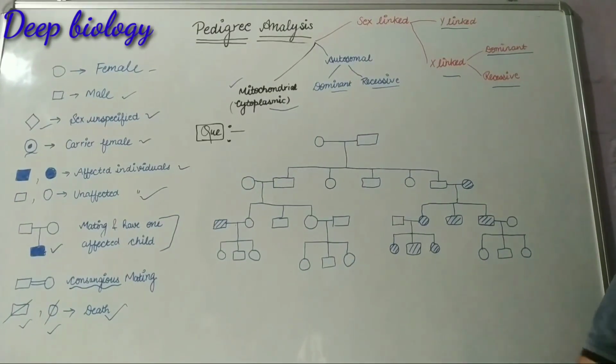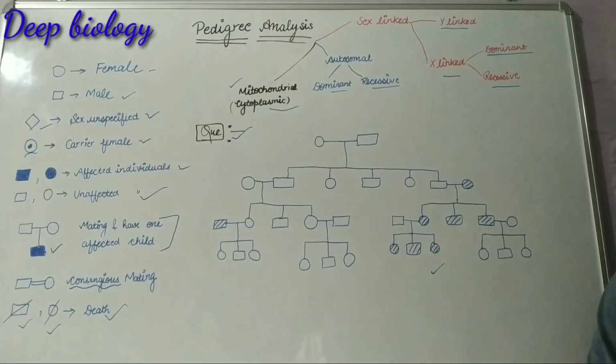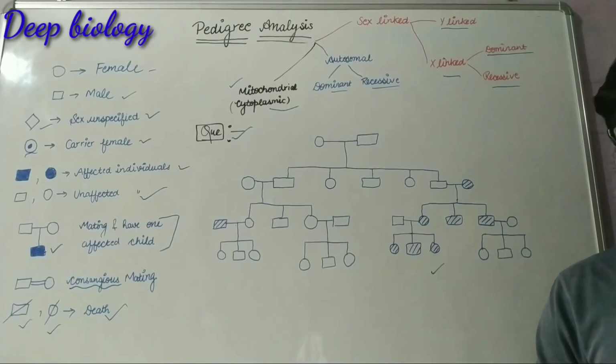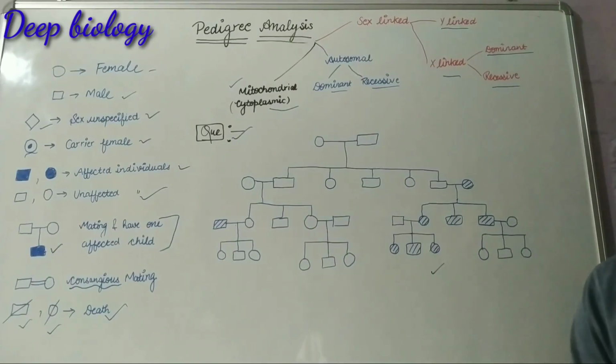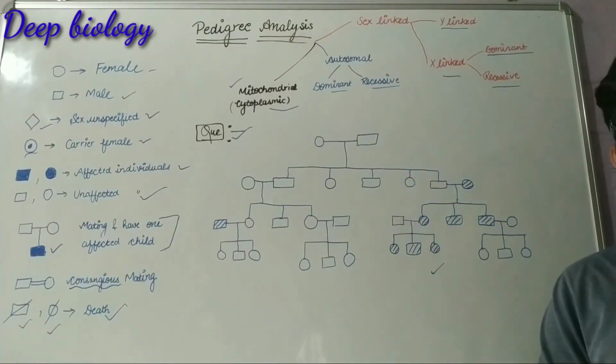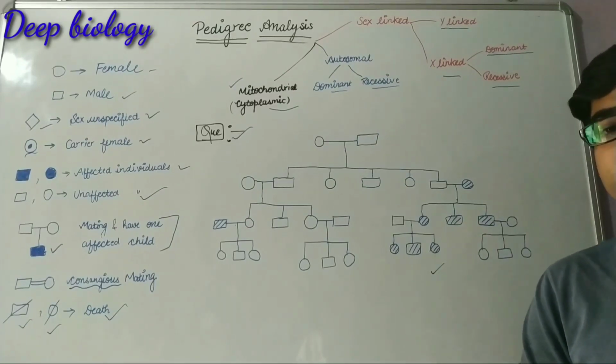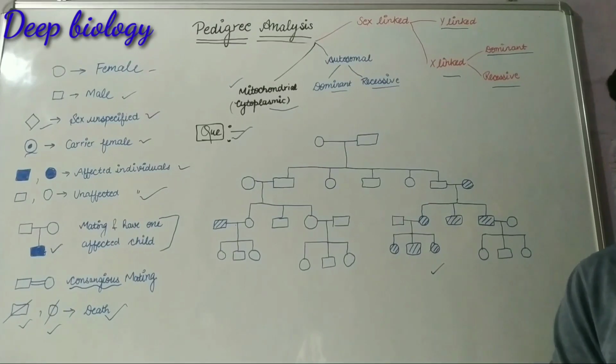Now we have been given this pedigree, and we have to tell what kind of pedigree it is. In this case, this is mitochondrial or cytoplasmic inheritance, because in cytoplasmic inheritance, the female passes the trait to all of the individuals.